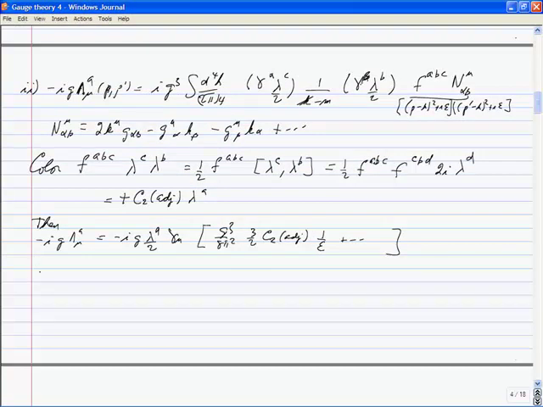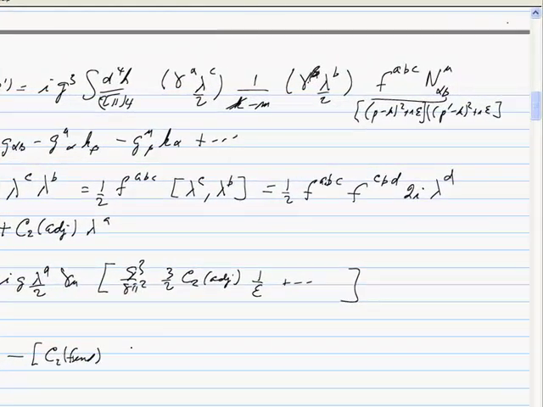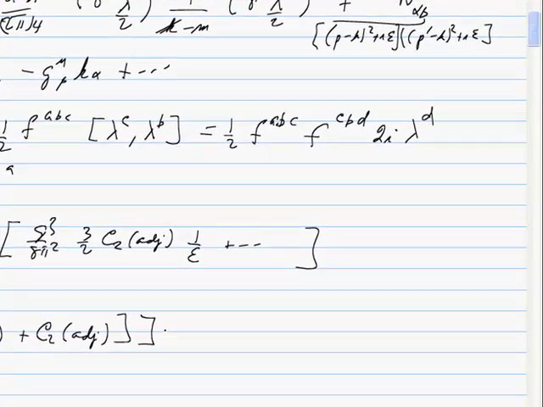Okay, and if you combine these, Z1 for fermion turns into 1 minus C2 of the fundamental plus C2 of the adjoint, now let's see, G squared over 8 pi squared, mu over mu r to the epsilon, times 1 over epsilon plus dot dot dot.